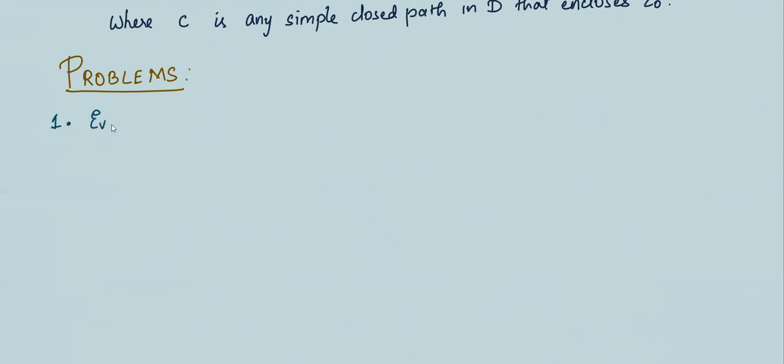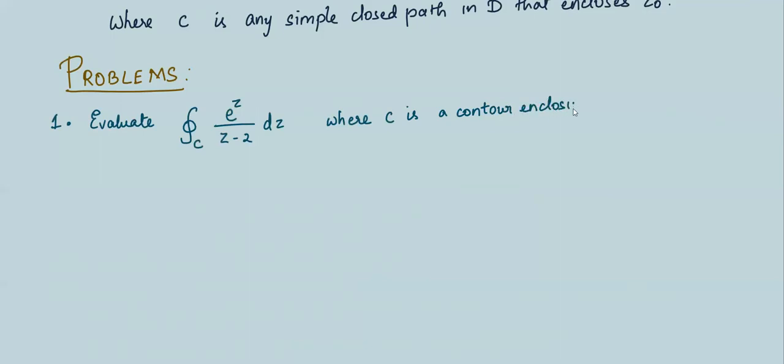Evaluate the contour integral of e power z by z minus 2 dz, where C is a contour enclosing z equal to 2.